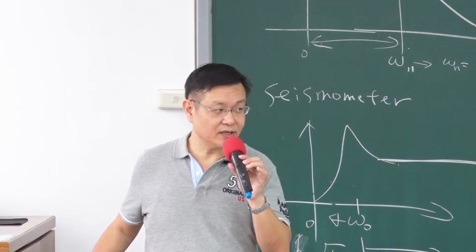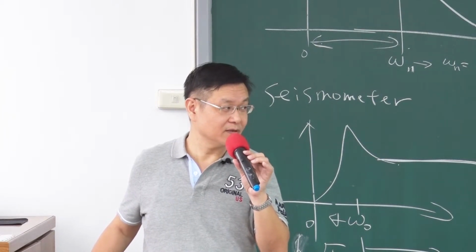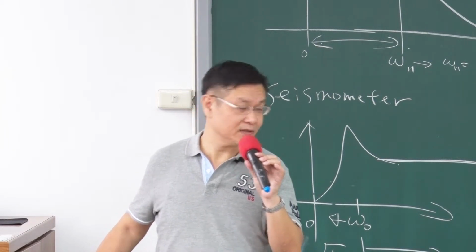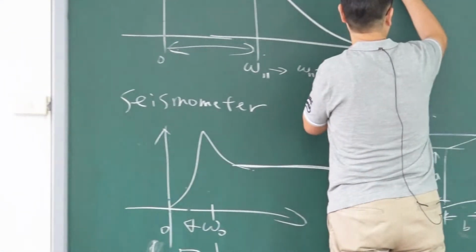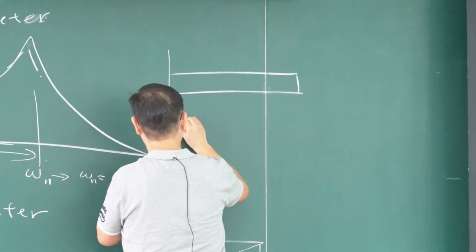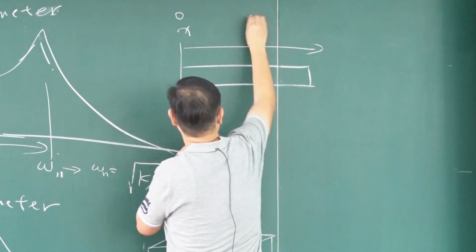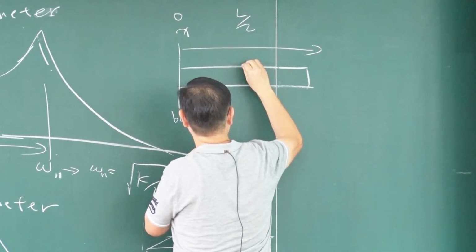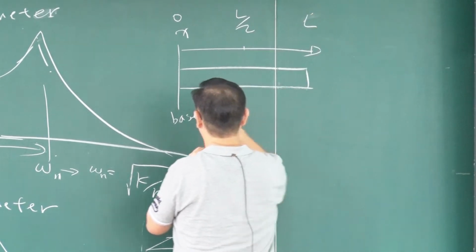At the tip means x equals L. So which one? The base, center, or tip? It gives me three choices. It's important because later we want to design a sensor. So this is the base, x equals 0. This is the center. It's the tip.